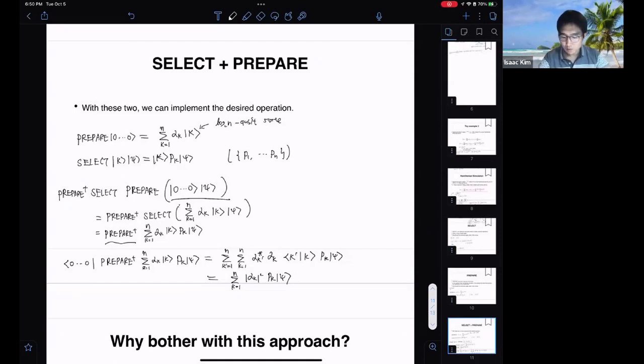And if you measure all zero state, then when that happens, the state on the remainder is precisely this. Okay. So by using select and prepare, you can actually apply a certain linear combination of unitaries to this state psi.